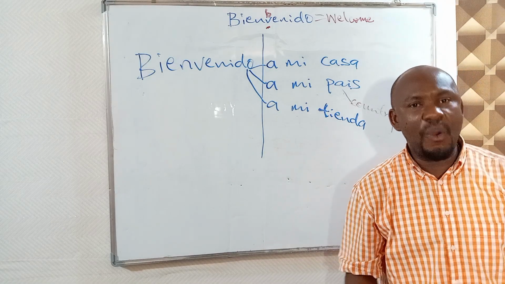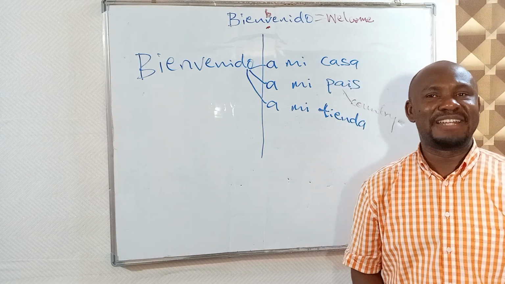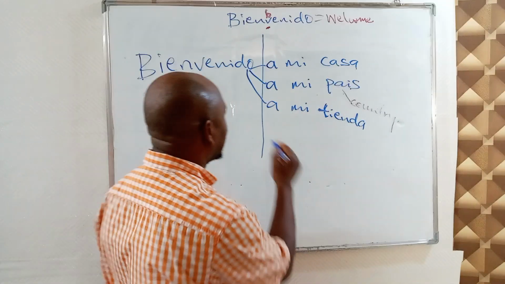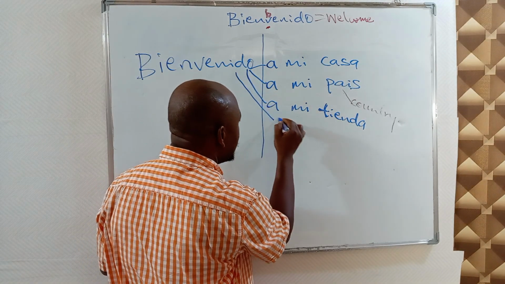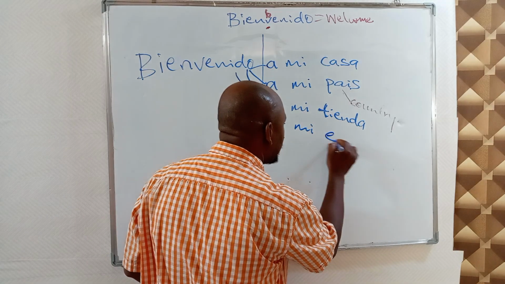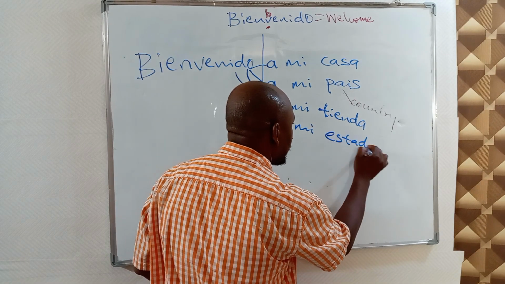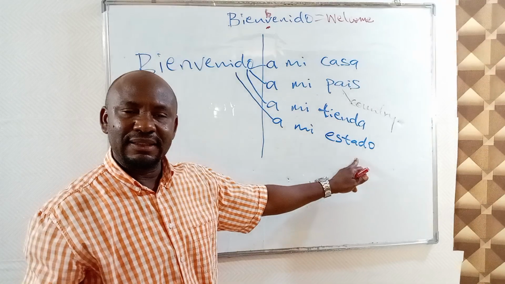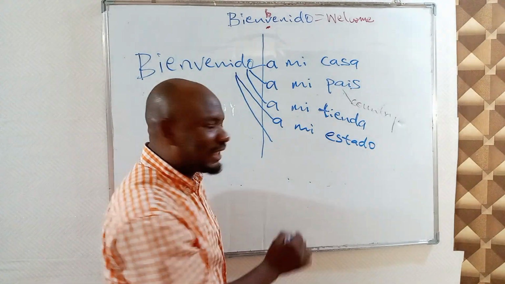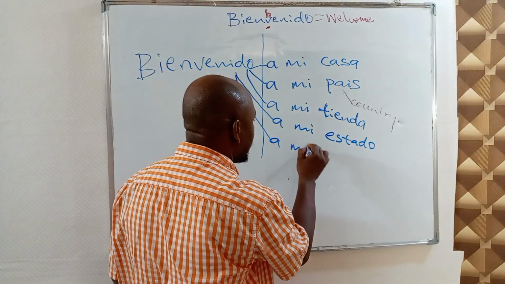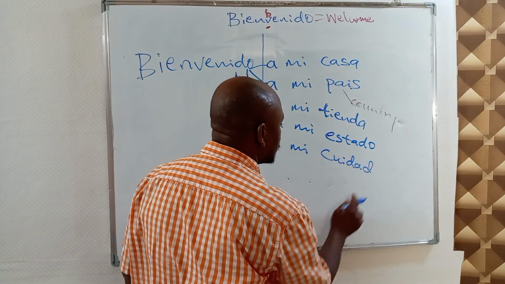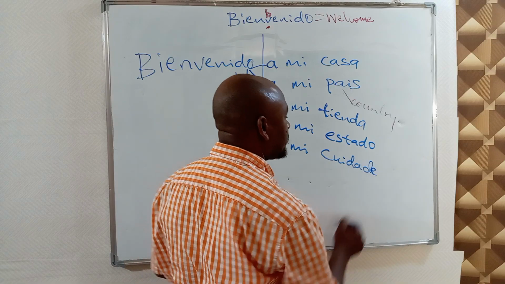If I want to tell you, welcome to my state, you landed in my state, indirectly I'm building up the sentence for you. Bienvenido a mi, what is state? Estado. Estado is state. Now, if I want to say, bienvenido a mi city, a mi ciudad. Ciudad.